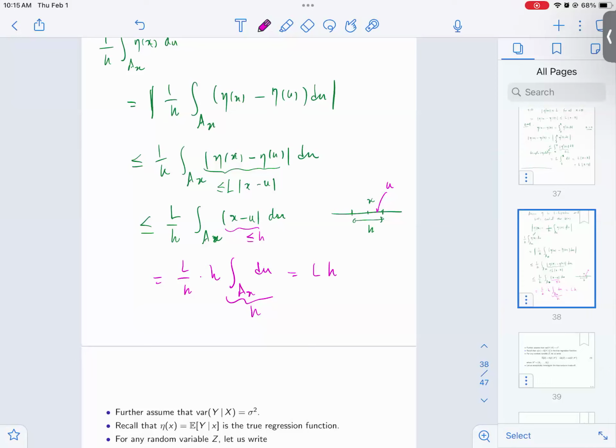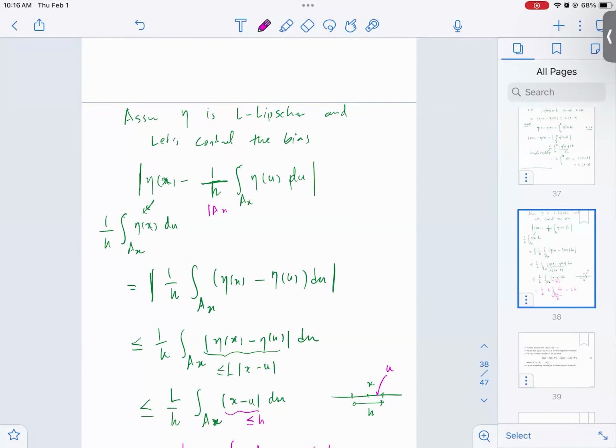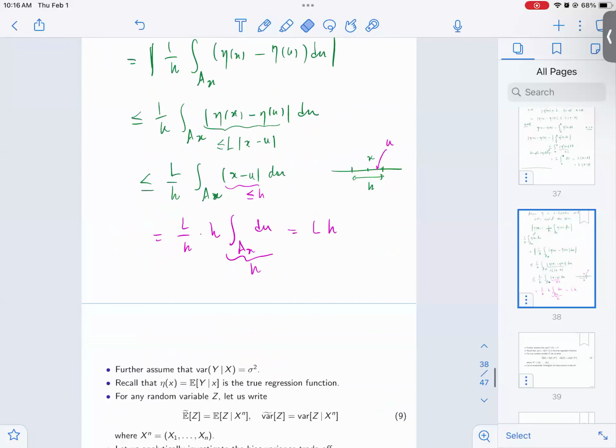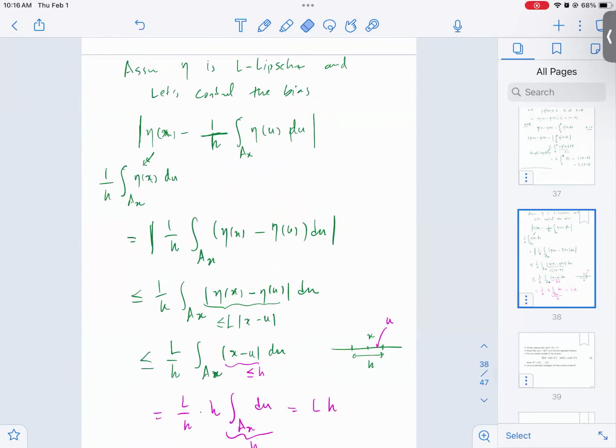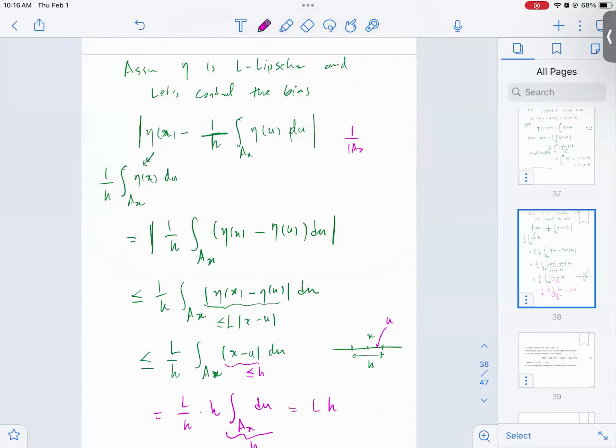Sorry, it will be h to the d, right? The integral will be h to the d. This would also be h to the d because this was really the length, and now it will be the volume. So if you do it properly, these would cancel out. You don't even have to do h here because this would be 1 over this, and then this would be the integral over A of x of x minus z du.